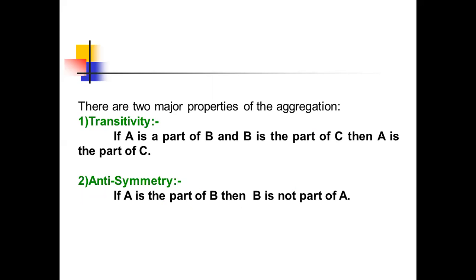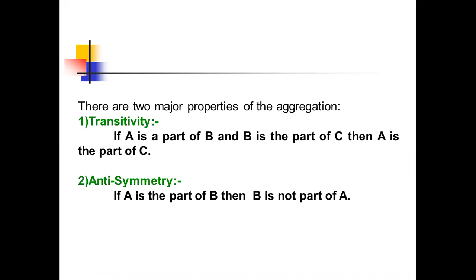It is defined as: if class A is part of class B and class B is part of class C, then class A is part of class C. Listen carefully: if A is part of B and B is part of C, then A is part of C. Consider one example: college, department and teacher with aggregation relationship.